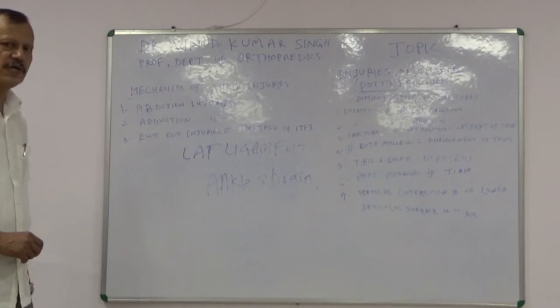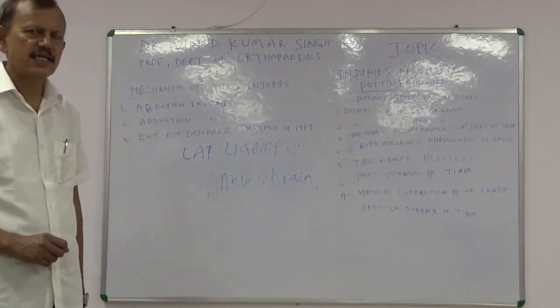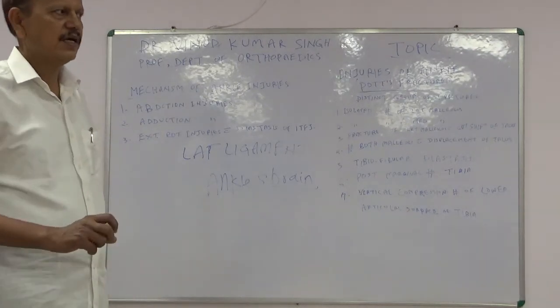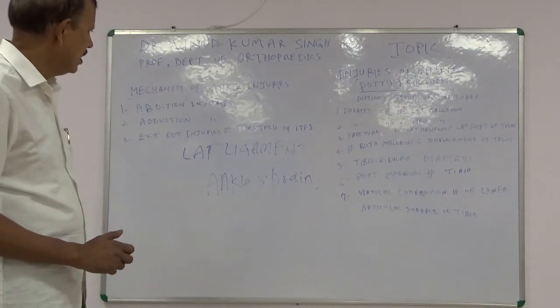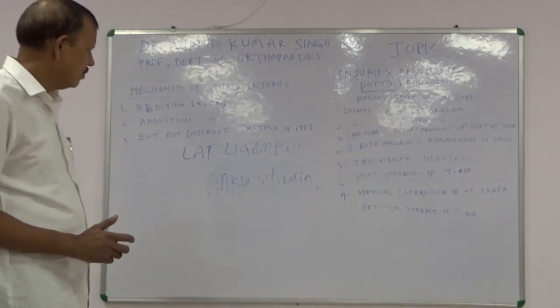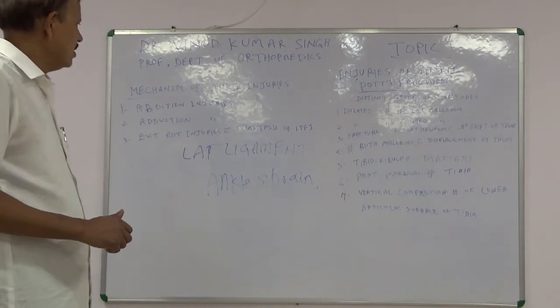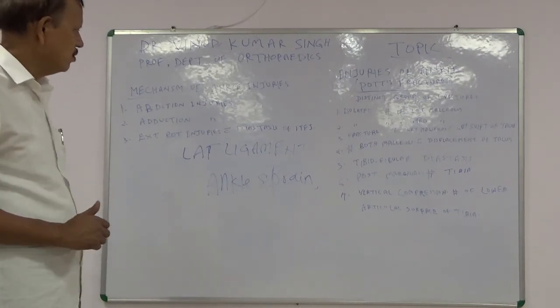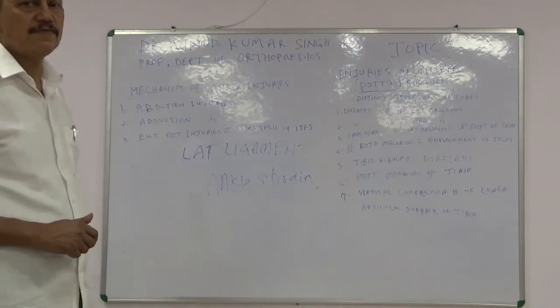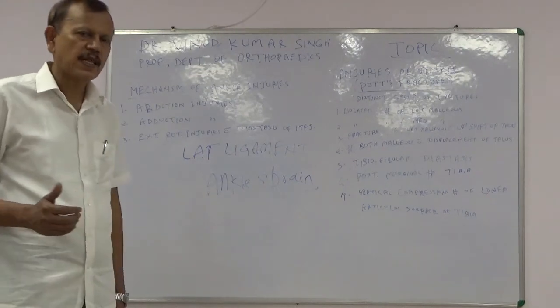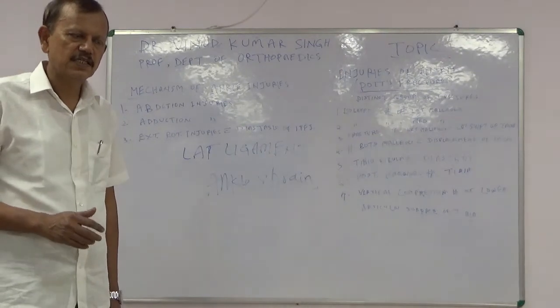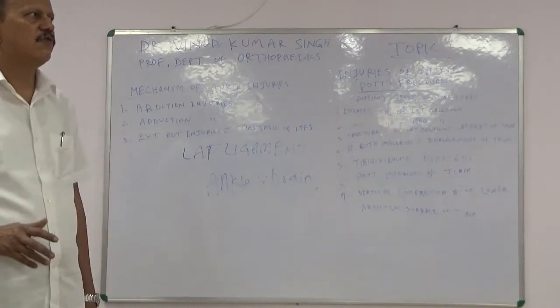So the best way is to get a stress X-ray under anesthesia, giving an inversion stress, which will show more opening and more movement of the talus. If in doubt you can compare it with the normal side, doing a stress X-ray of the normal side and the affected side, which will make it clear.